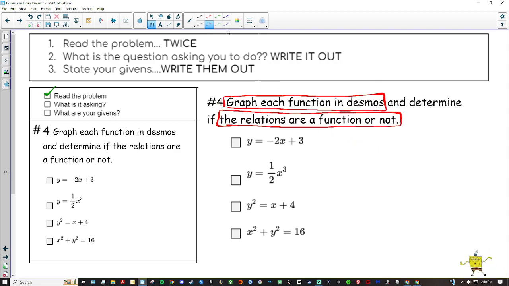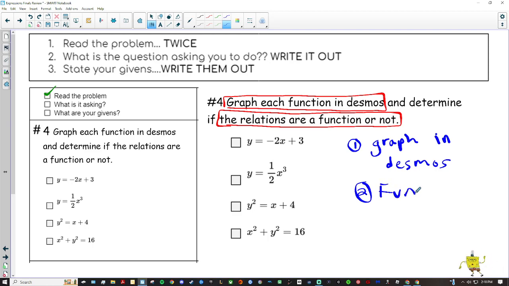So we need to first graph in Desmos, and then we need to determine if it's a function. What is it given? It has given us equations.